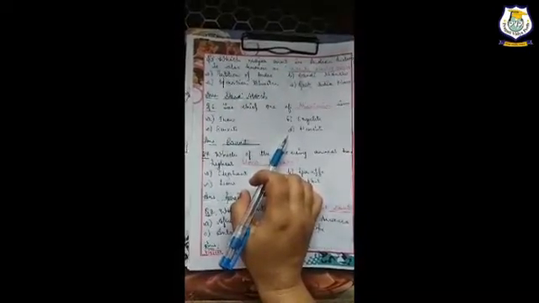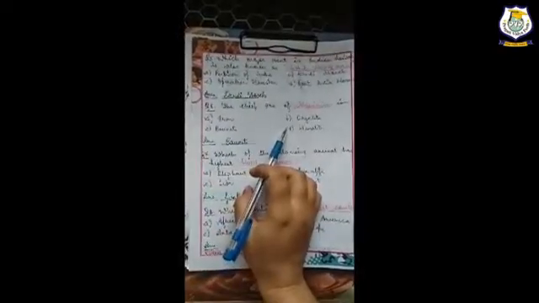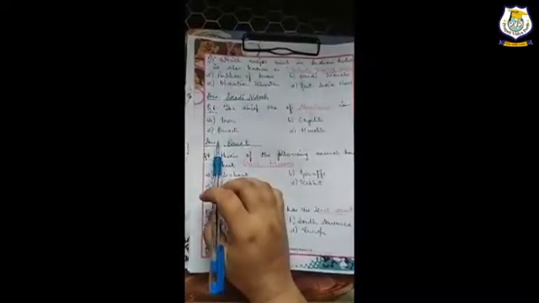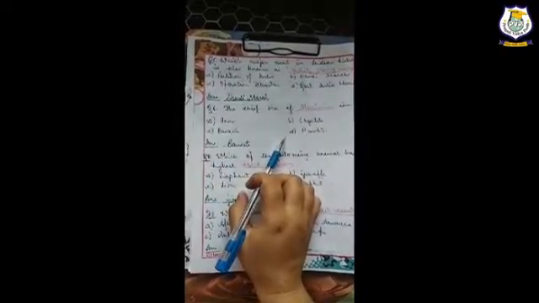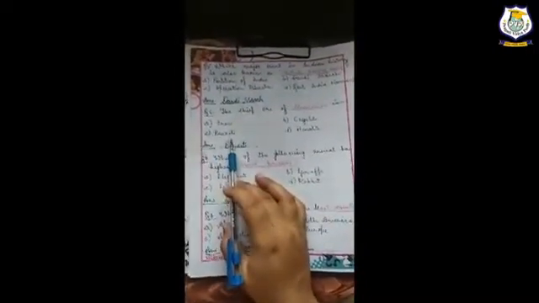I repeat the options, students. Option A, iron. Option B, cryolite. Option C, bauxite. Option D, hematite. And the correct answer is option C. That is bauxite.